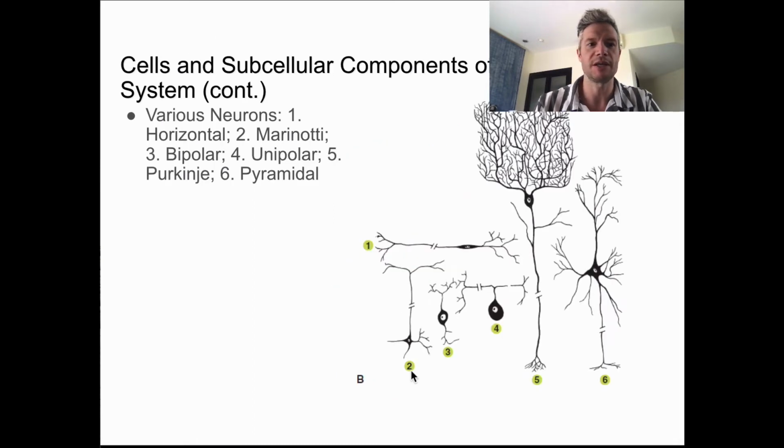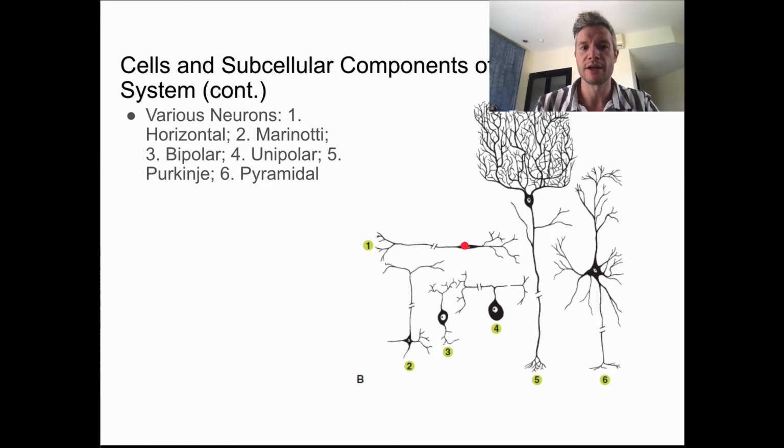But let's take a little peek at those nerve groupings. So again, this is just a horizontal neuron. It looks to be bipolar. We have a unipolar neuron here. This one is a Purkinje fiber, or a neuron. You might remember that from the heart. And again, the structure should tell you their function, right?